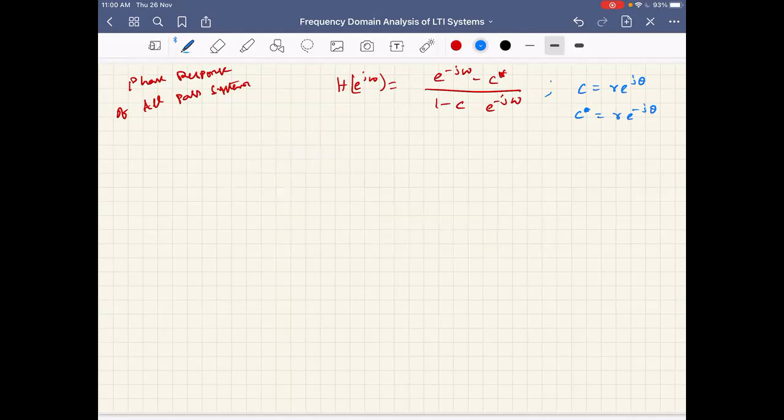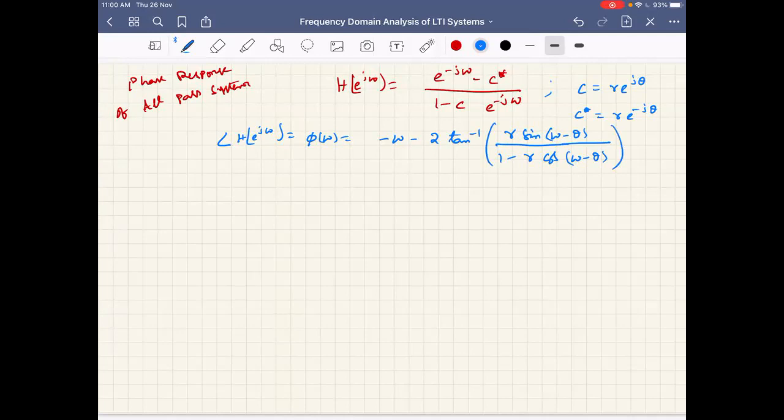Okay, and given this, after substitution and simplification, you can see that angle of H of e power j omega, that is phi of omega, is equal to minus omega minus 2 times tan inverse of r sine omega minus theta over 1 minus r cos omega minus theta. We skip here the simplification from here to here.